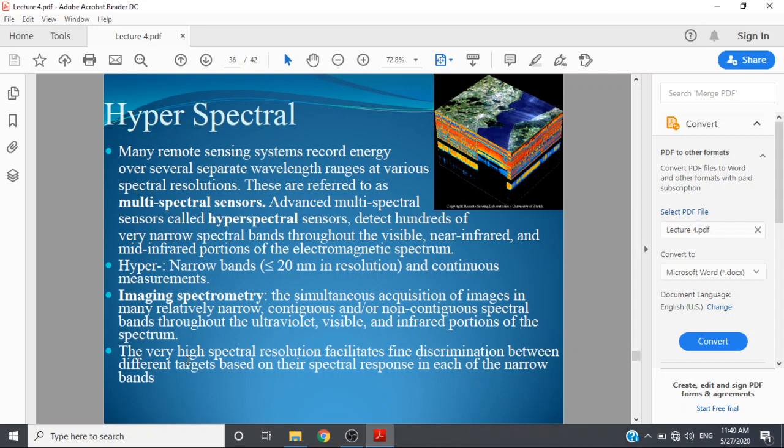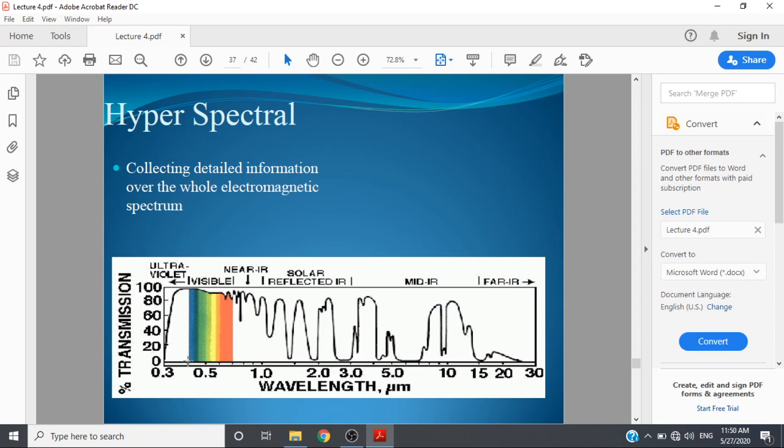Imaging spectrometry is the simultaneous acquisition of images in many relatively narrow, contiguous and or non-contiguous spectral bands throughout the ultraviolet, visible, and infrared portion of the spectrum. The very high spectral resolution facilitates fine discrimination between different targets based on their spectral response in each of the narrow bands.